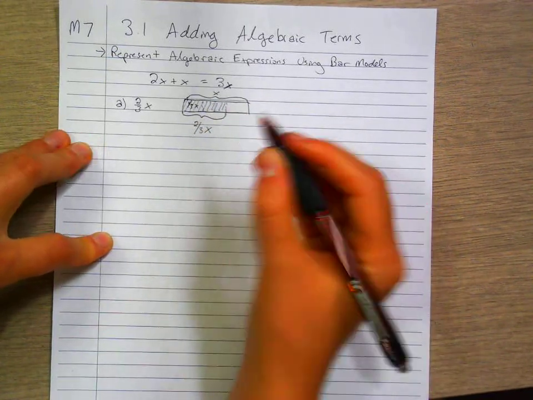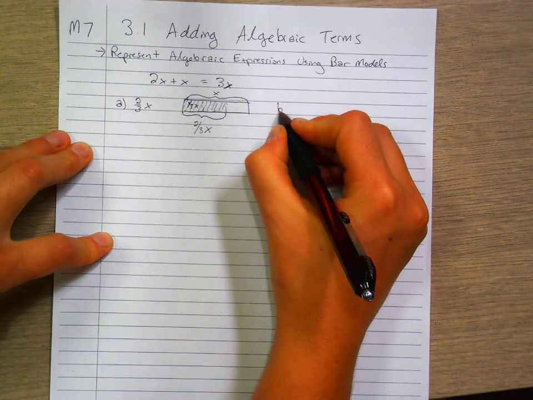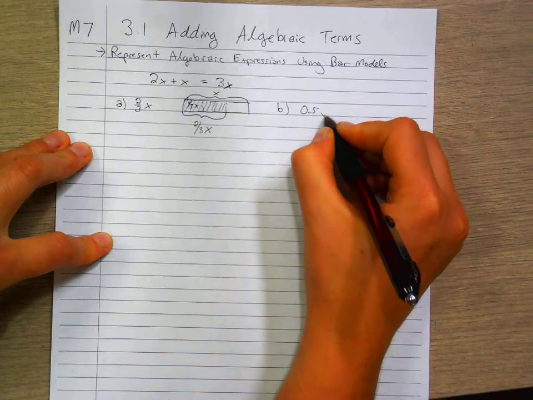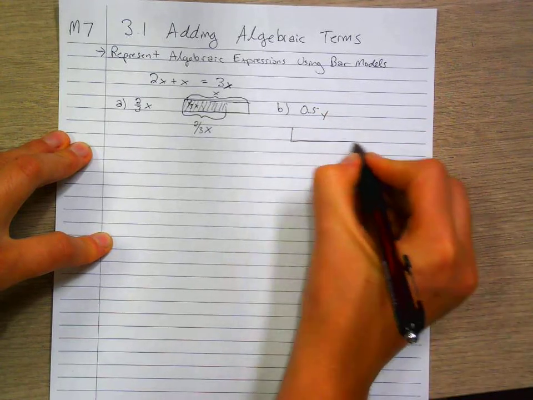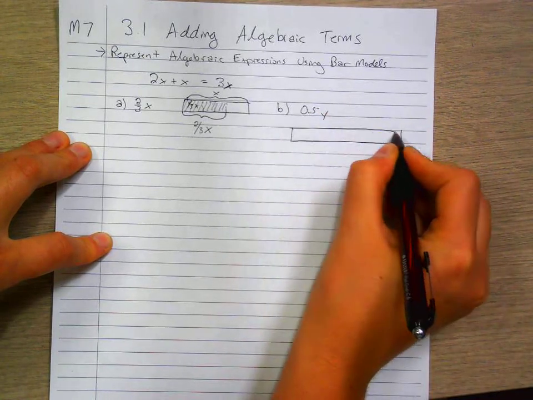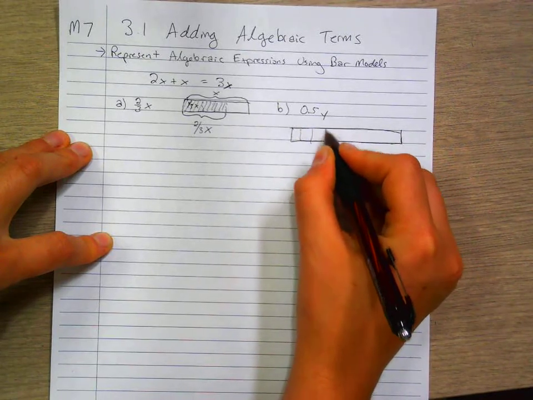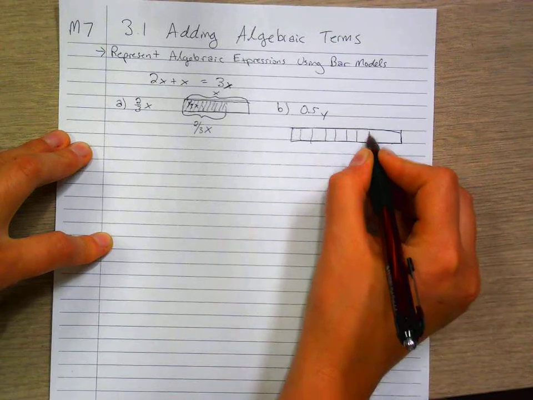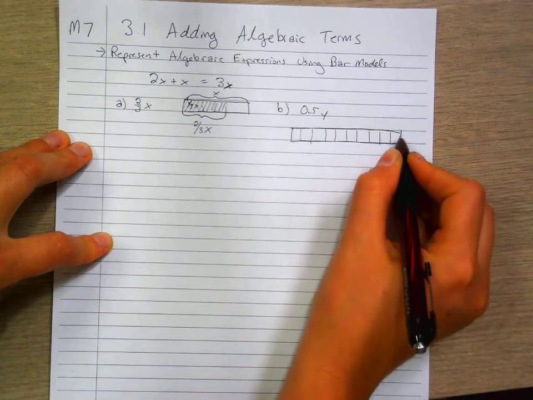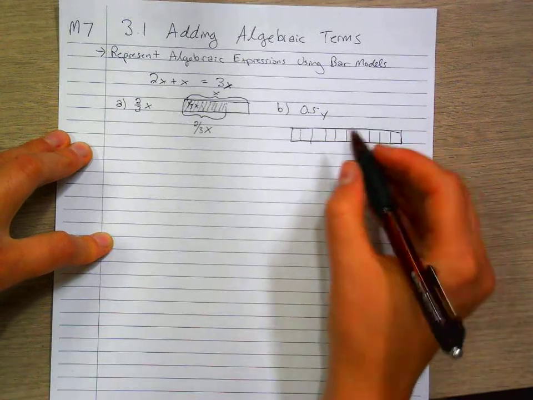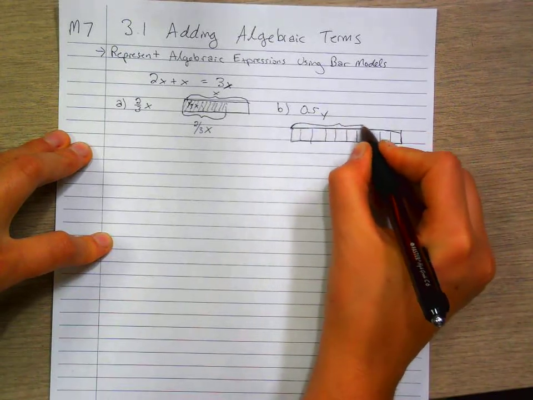If we do this with something that says 0.5y, we could draw this bar. We could divide it into 10, so 1, 2, 3, 4, 5, 6, 7, 8, 9, 10. Remember, 9 lines makes 10 spaces. So let us make this whole thing equal to y.